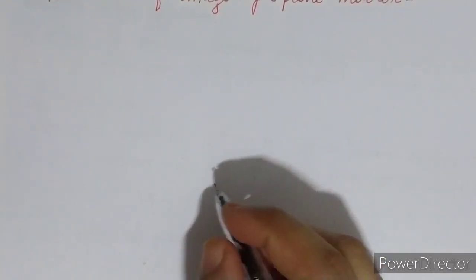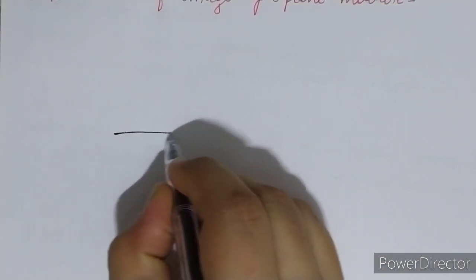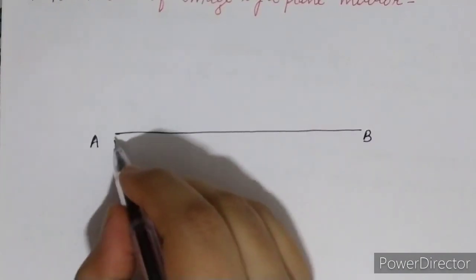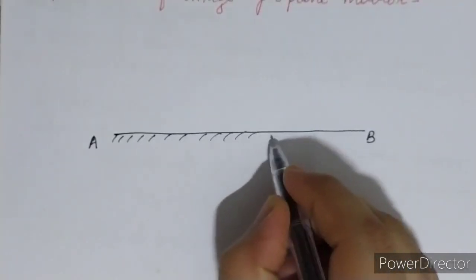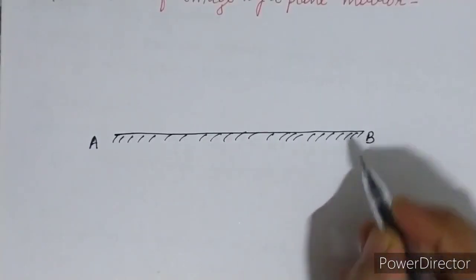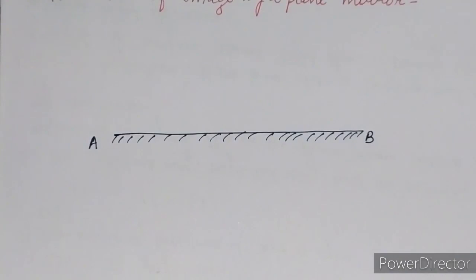Suppose this is the plane mirror AB. Okay, this is the surface, and the other side has been polished.